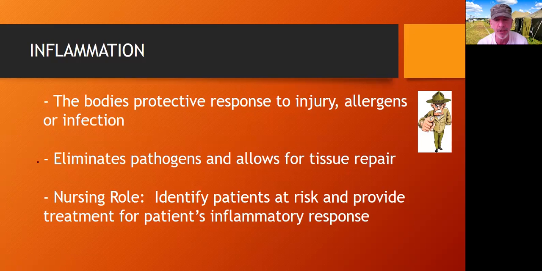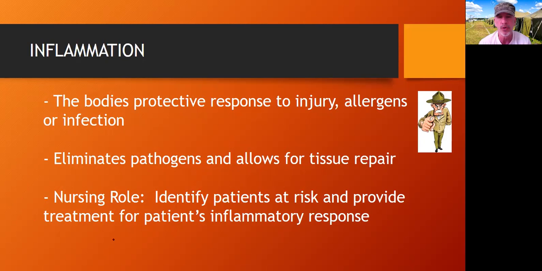The purpose of inflammation is to eliminate the pathogens that are infecting the area or to rush blood and resources to the location to help heal the injury. For example, when you sprain your ankle and your ankle swells up, that's an inflammation. There's no pathogen or infection going on. It's just your body's reaction to try to help heal the area.